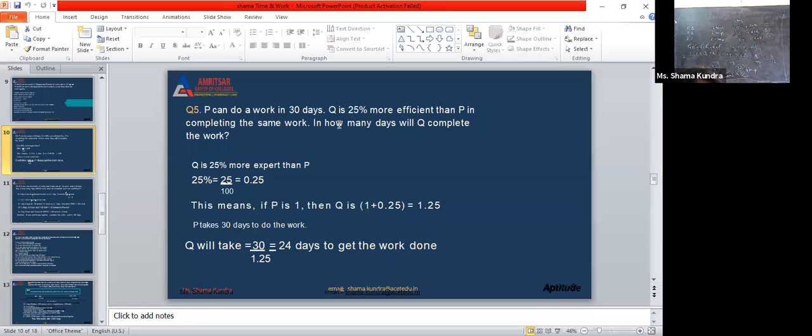Same way, it would be 125% of 100. 125% of 1 by 30, because this 125% is nothing but 125% of 100, that is the work done by P. So 1.25 is nothing but 125% of 1, that is the work done by P. Because Q is doing more work than P, if P does 1 by 30 amount of work in one day, Q will do 125% times that work.